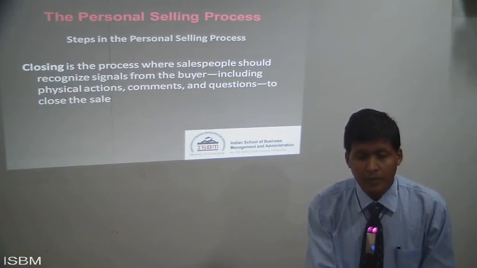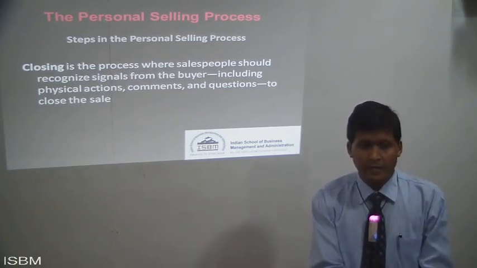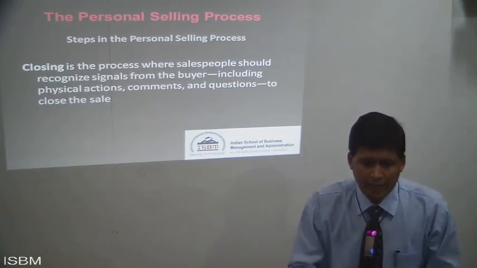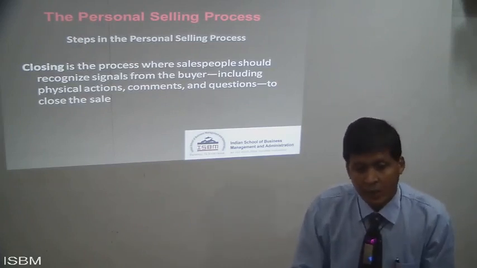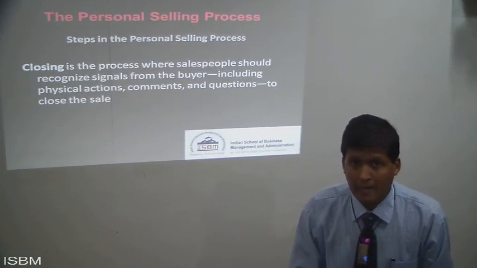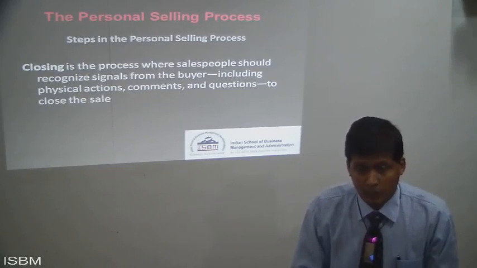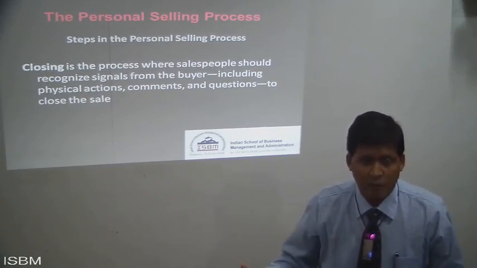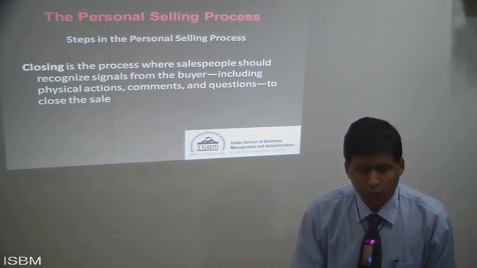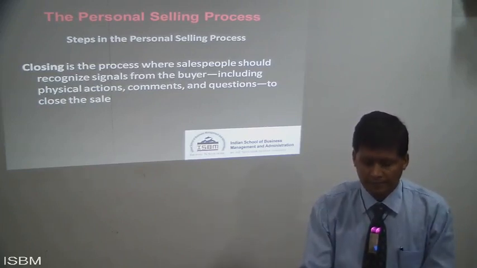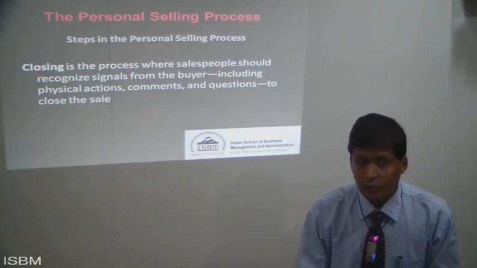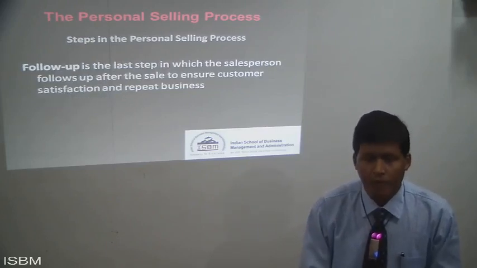For example, physical actions, like the customer leaning ahead towards the salesperson, are indicators of it. He asks questions. He talks about pricing. He talks about intention. He's open-ended in his body language. These are cues that the salesperson needs to identify and then close the sale.